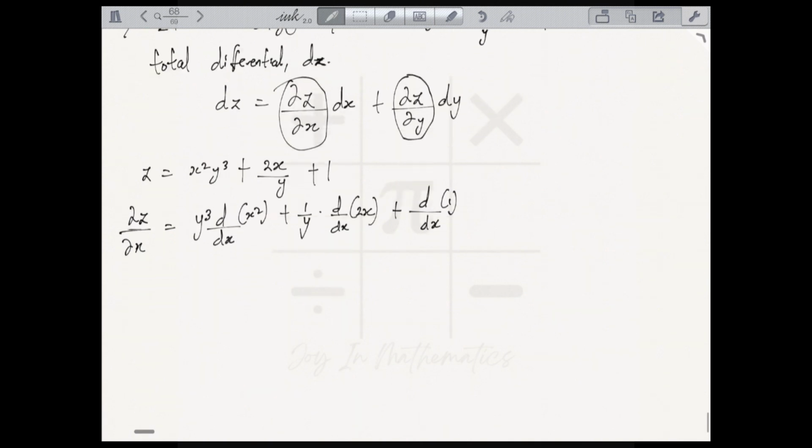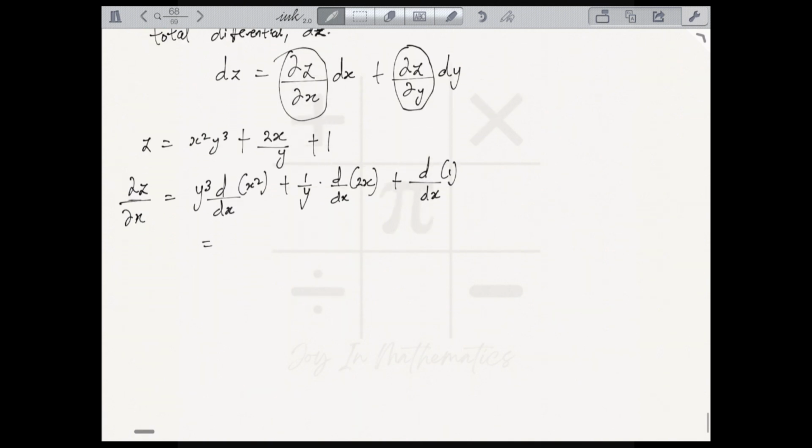In essence, we have y cubed multiplied by 2x plus 1 over y multiplied by 2 plus 0. And this will give us 2xy cubed plus 2 over y.